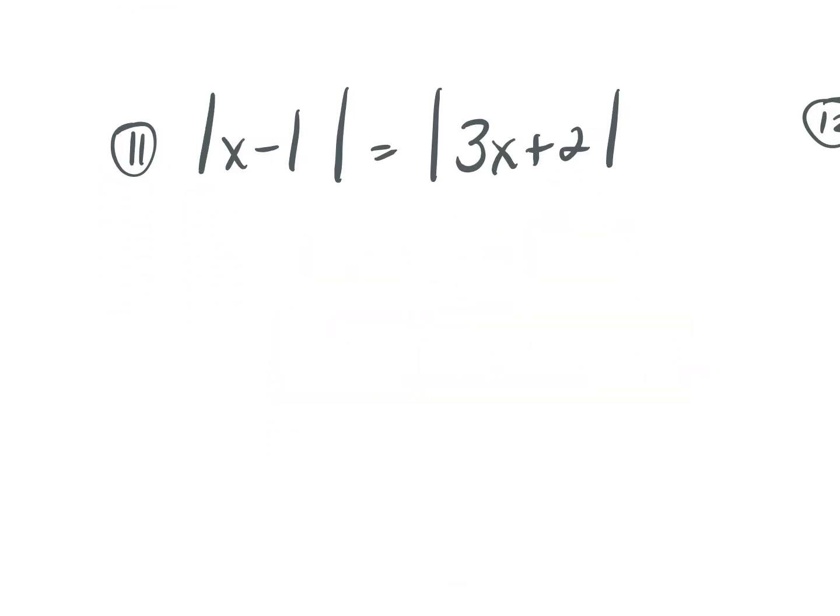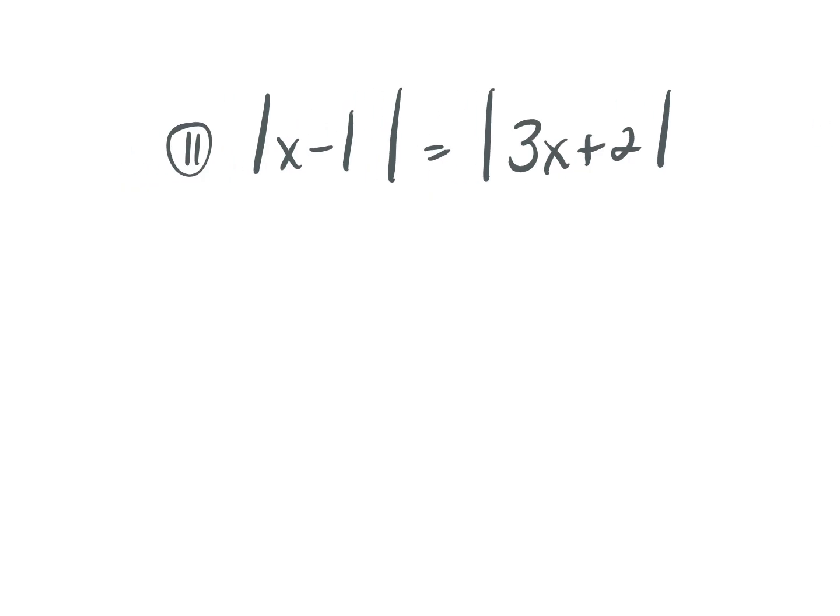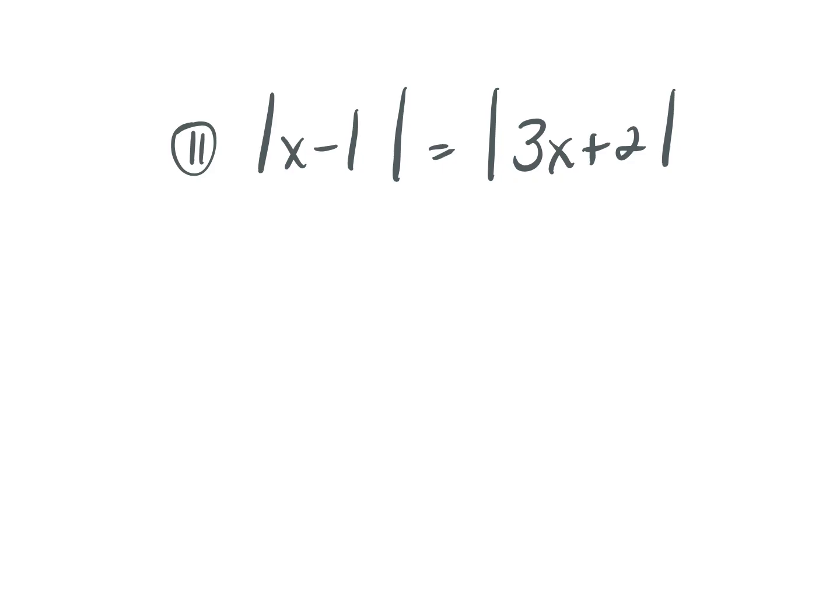Here we have an absolute value equals another absolute value. We do the math the same way that we were doing before. So it looks a little bit more challenging, but we do it the same exact way. So I'm going to drop the absolute values, set x minus 1 equal 3x plus 2. So we keep the equation exactly the same. We just get rid of the absolute value.